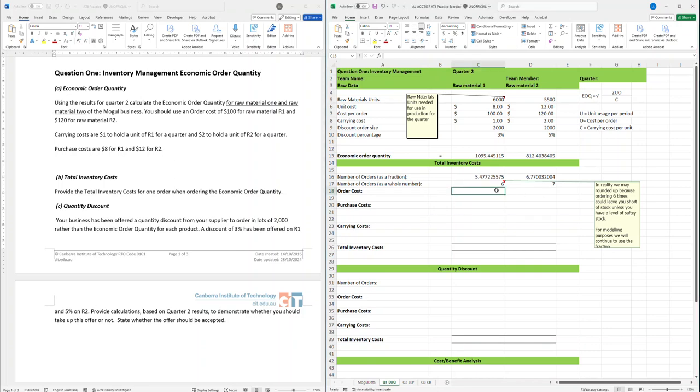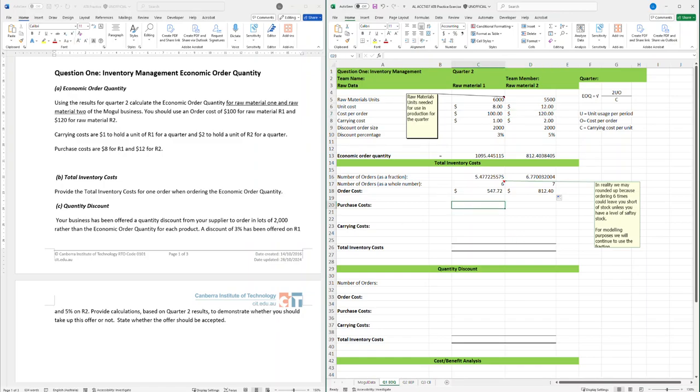It is simply your number of orders times your cost per order, right? And that would be 547.72 and $812.40. Okay, so the 6.66 orders times $120 cost per order.